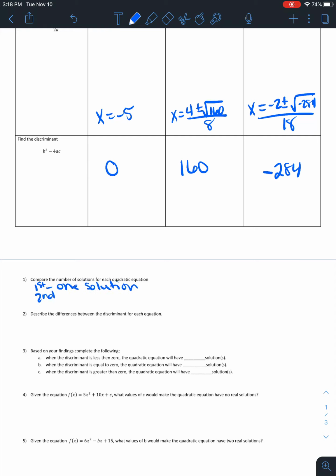On the second quadratic, this breaks down into 4 plus the square root of 160 divided by 8 and 4 minus the square root of 160 divided by 8. So that's two solutions. And then the third one, this would break down again into plus and minus. So we have two solutions here.